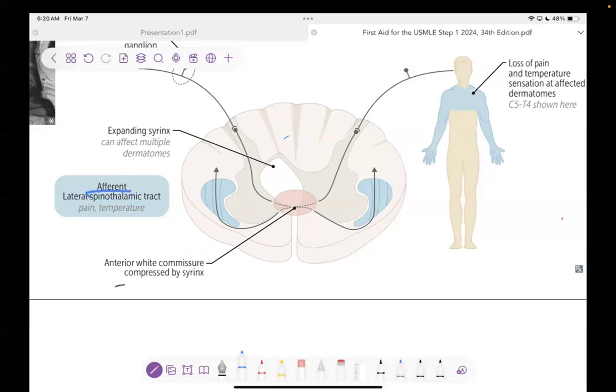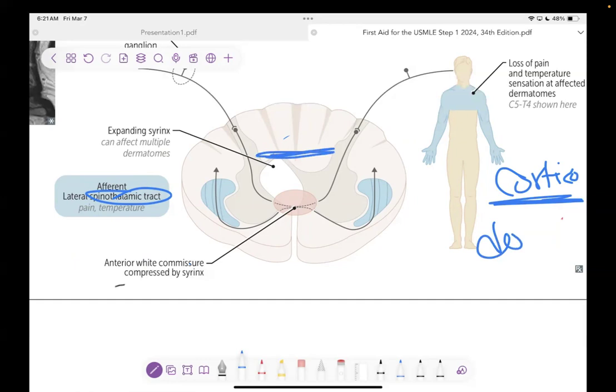The problem with spinothalamic is that other tracts, like the motor tract, the corticospinal tract coming from the brain, cross in the medulla, and also the dorsal column, which carries sensory information for vibration, for proprioception, for position. All of these tracts, either motor or sensory, cross in the medulla.